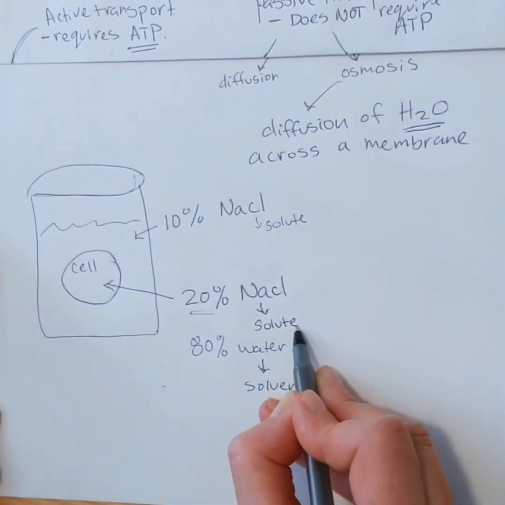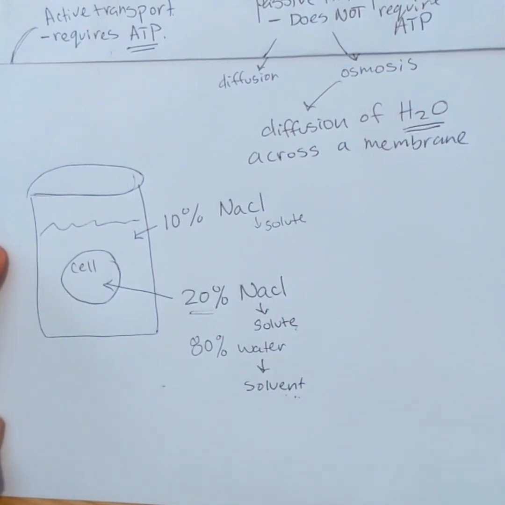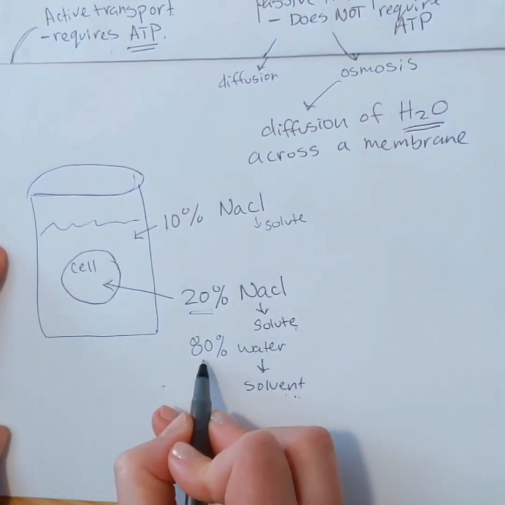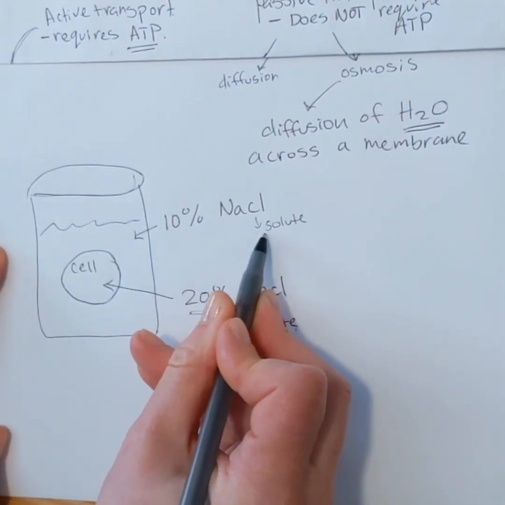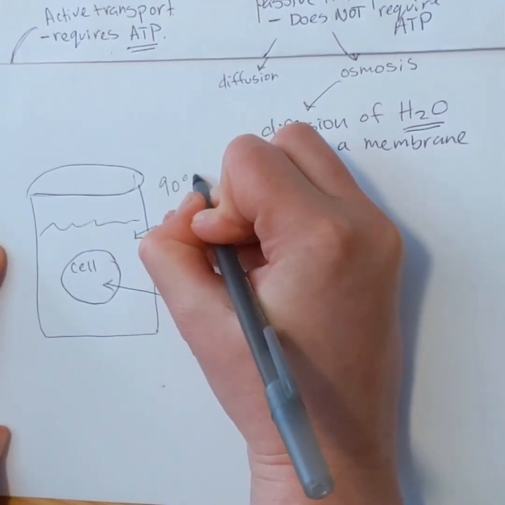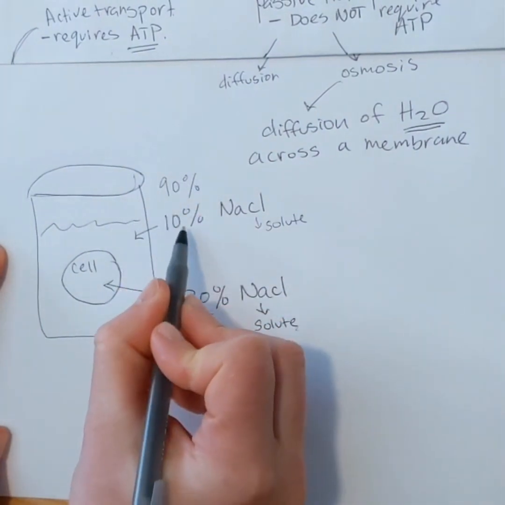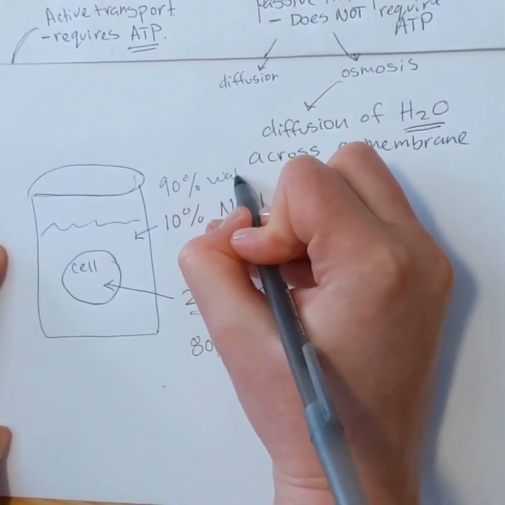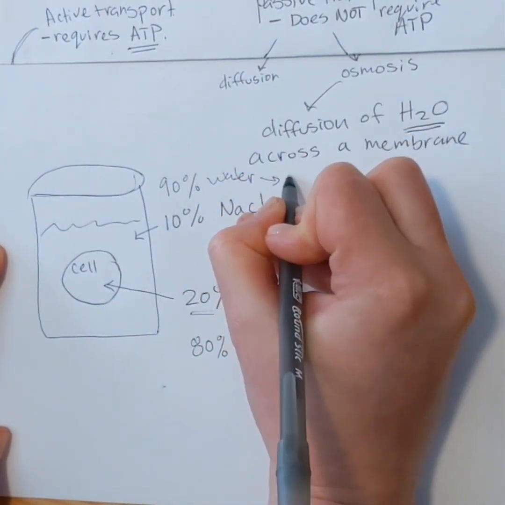So solute's what's being dissolved, solvent's what's doing the dissolving. Here I know I have 10% of my solute, in this case sodium chloride. That means that the other percent to get up to 100, so 90%, is going to be water, which is my solvent.